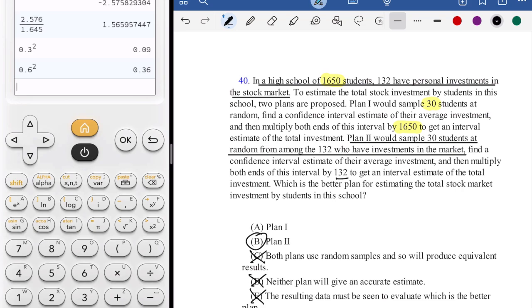So instead of all 1650, you realize this doesn't really apply to those individuals. It only really applies to the 132. So let's draw our conclusions and apply them to the 132. We're going to get a distribution of data related to just the individuals who invest in the stock market. So that's why I would select choice B.